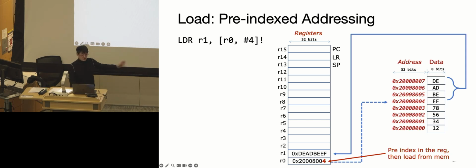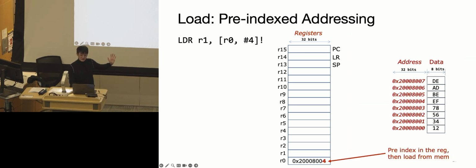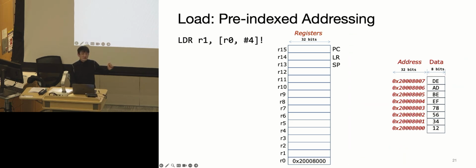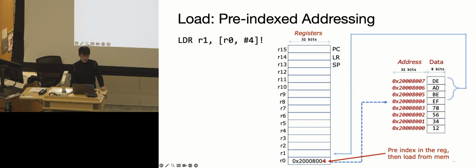So those two commands result in the same content being loaded from the same address, but the register R0, the one that stored the memory address, is being changed. Any questions on these two? Basically offsetting versus pre-indexing. Okay, perfect.